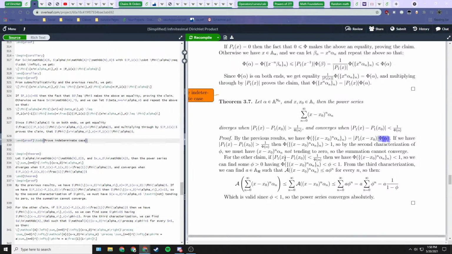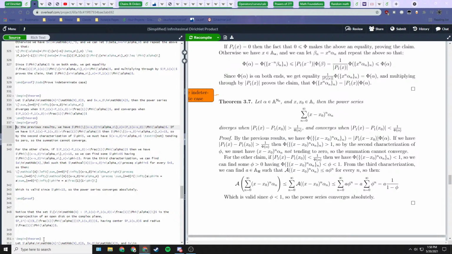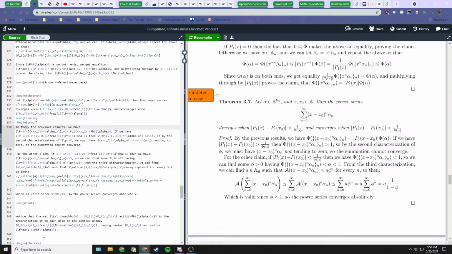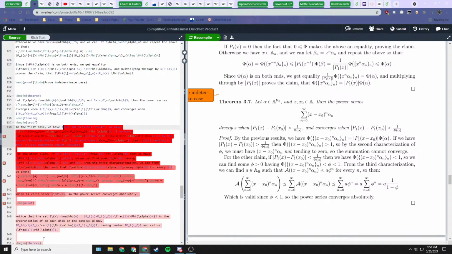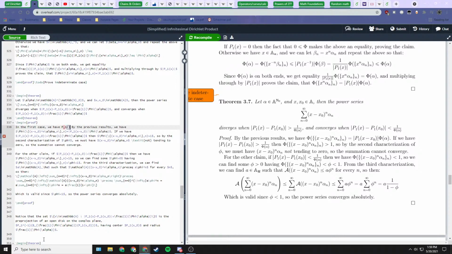Okay, so in the first case we have the absolute value of p sub 1 of x minus x0 as being greater than 0.